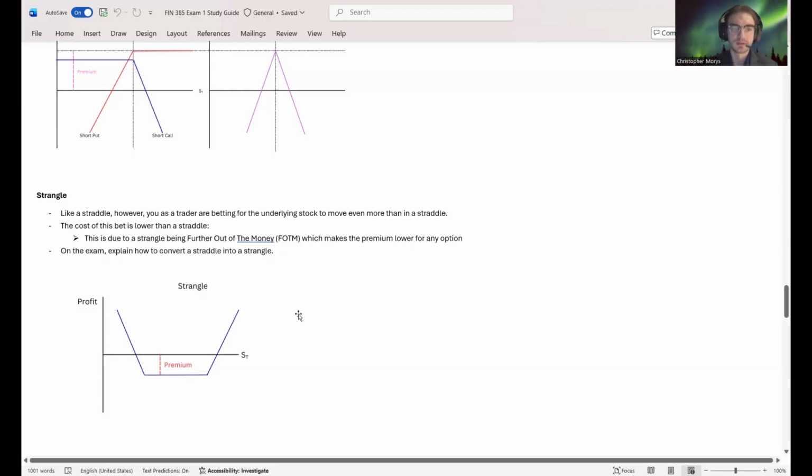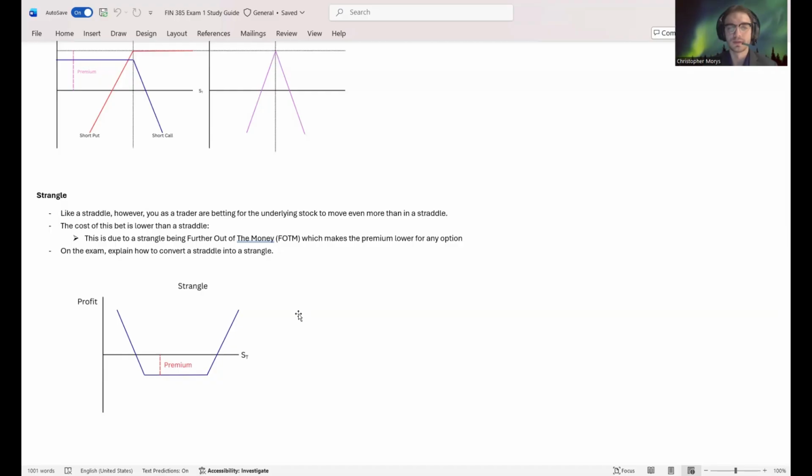Because a strangle is further out of the money, FOTM for short, this makes the premium lower for any option. So on the exam, you will have to explain how to convert a straddle into a strangle, right?